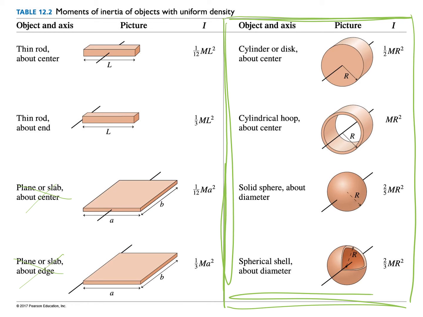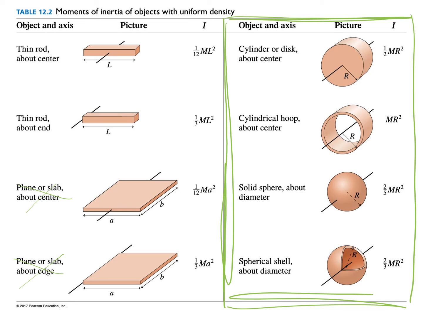So we have a solid cylinder or disk where it's going to rotate around the center. Its moment of inertia is given as 1/2 MR squared, M being the total mass of our object and R the radius of our cylinder or disk. If we have a hoop, so it's not solid all the way through, it's just mass concentrated around the edge, that's just going to be MR squared.